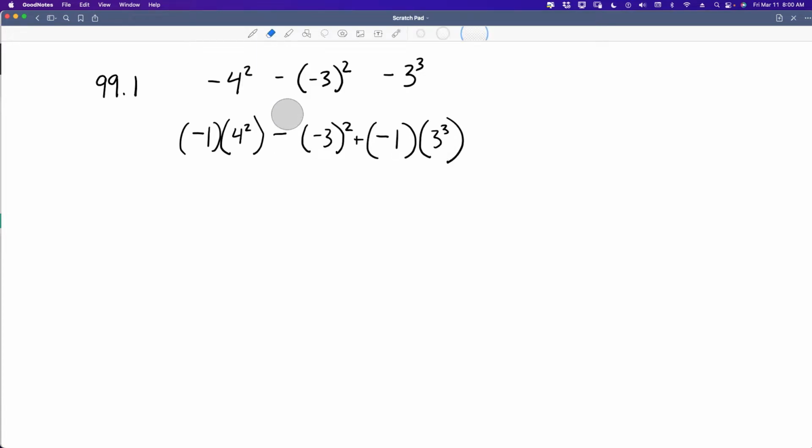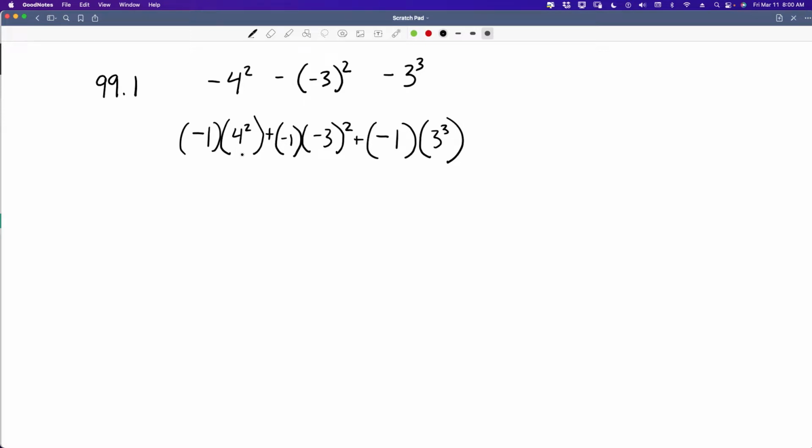Actually, let me rewrite this a little bit better because technically this is plus a negative 1 times this. This is what we actually have going on in this sentence when we break it down into its most simplified form. So now we can actually do the mathematics here.